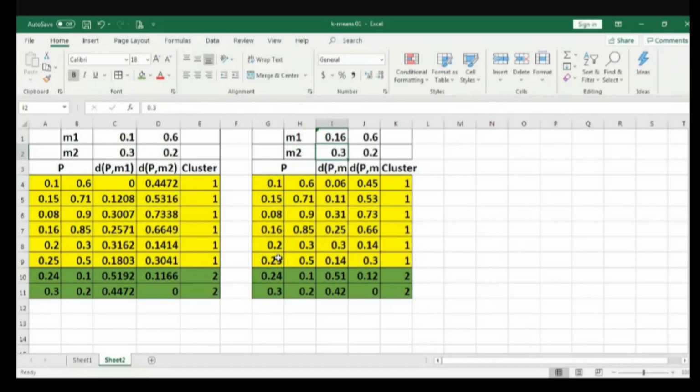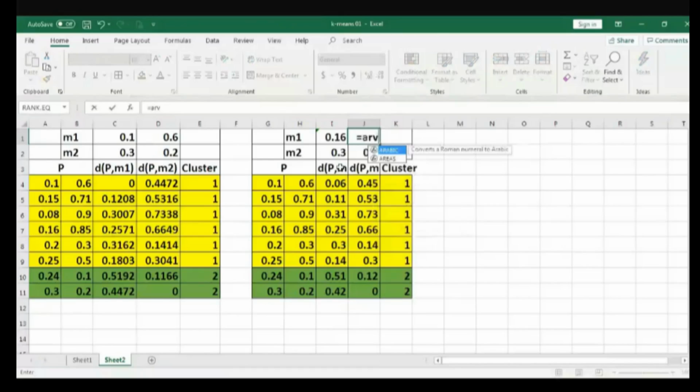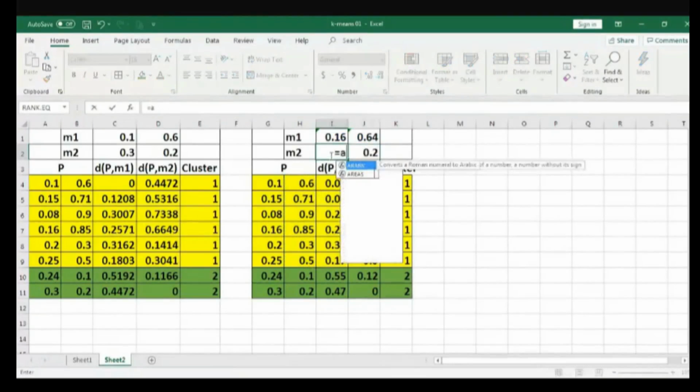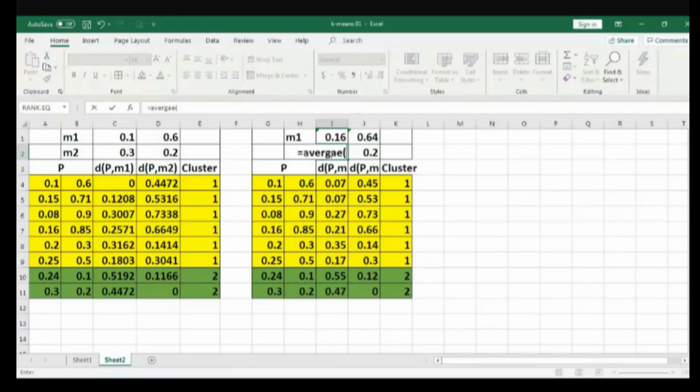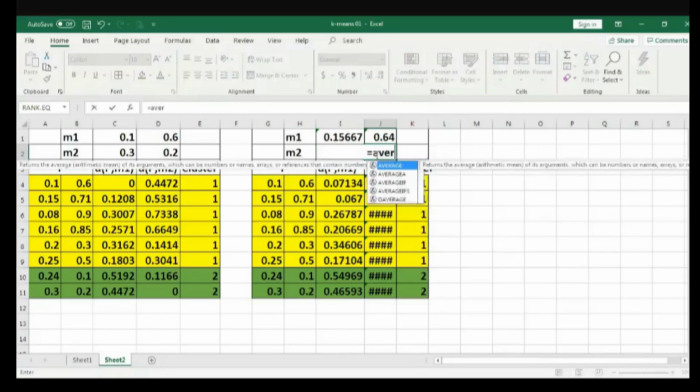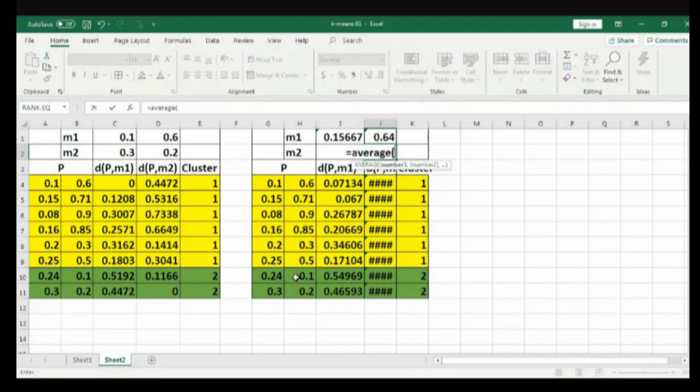And this value will be the average of your, let's say, y values, or second feature. Like that, this will be the average of only two values. This is the first feature. And this will be the average of only these two.